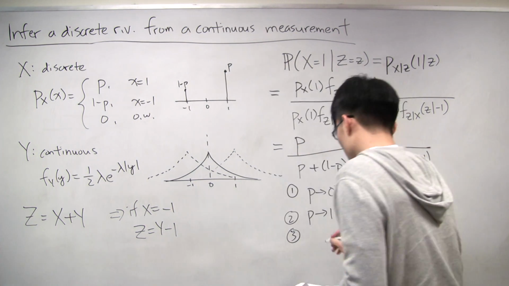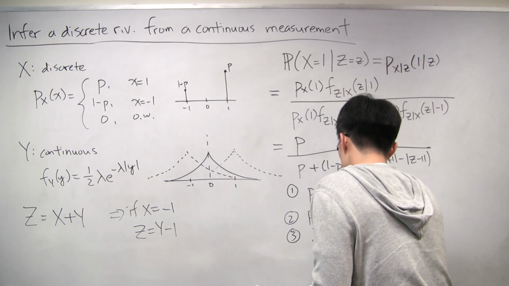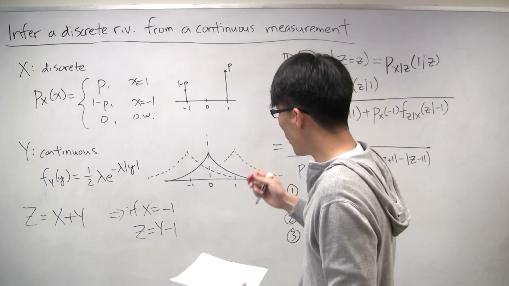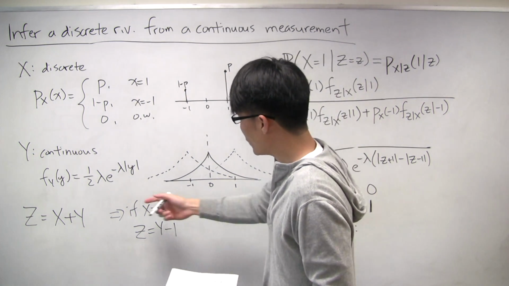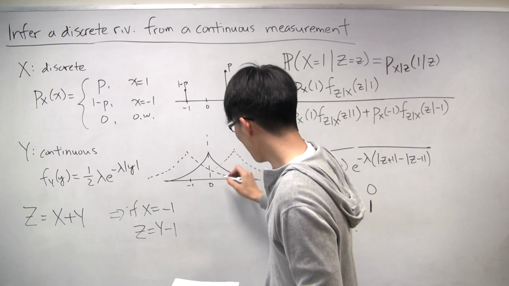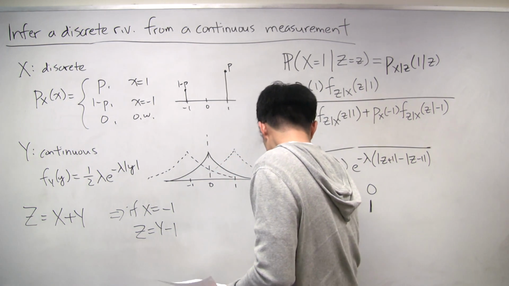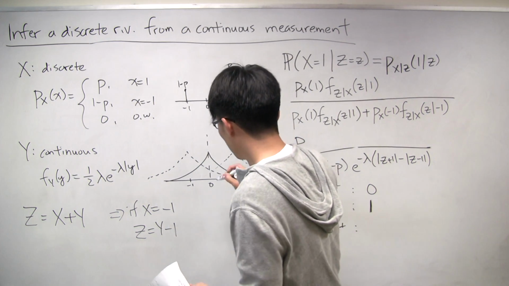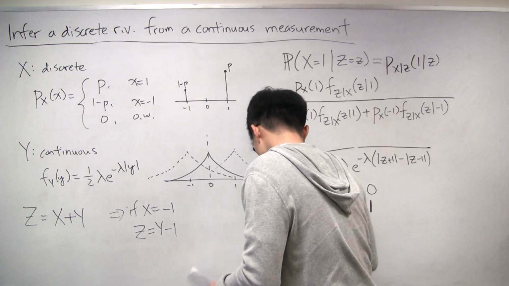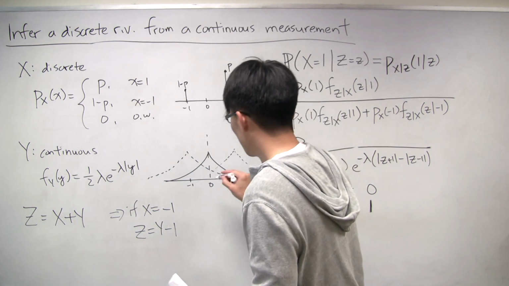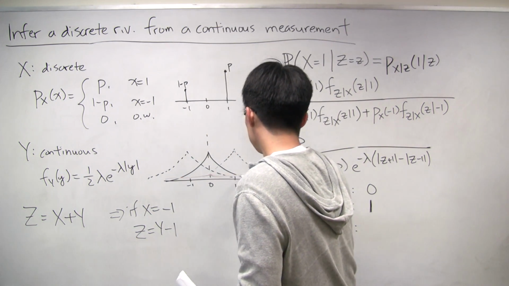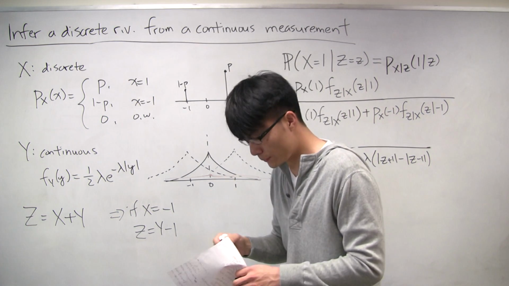Now let's think about lambda. What about when lambda goes to 0? Well, when lambda goes to 0, that's a little harder to visualize. But really, what would happen is that you can imagine this distribution getting shallower and shallower, lower and lower, so that it is kind of flat and goes on forever.